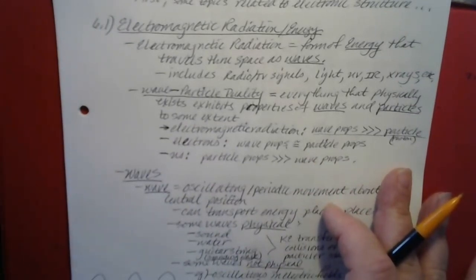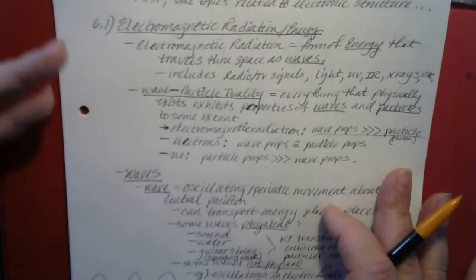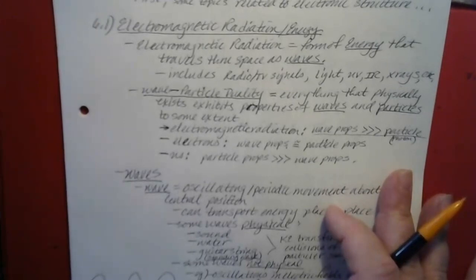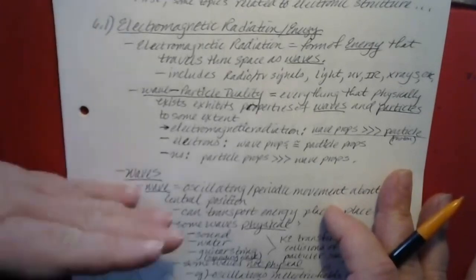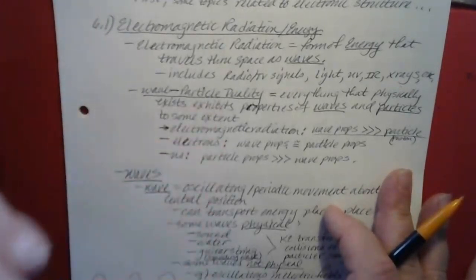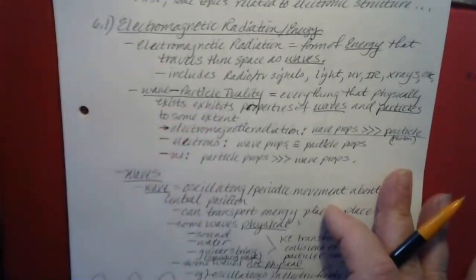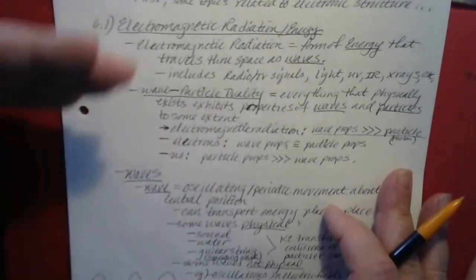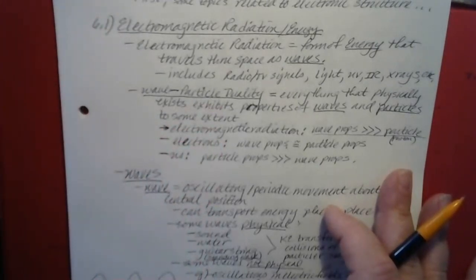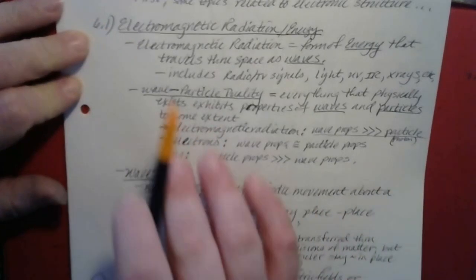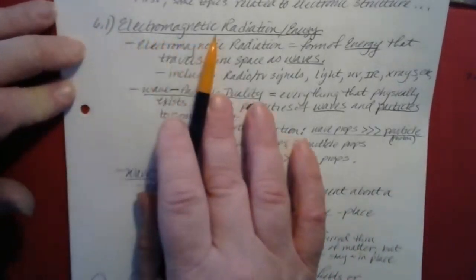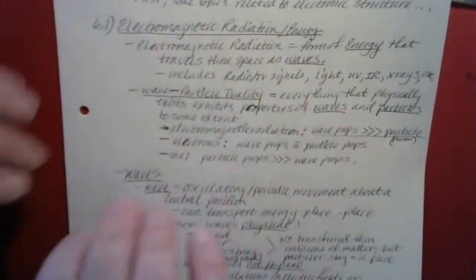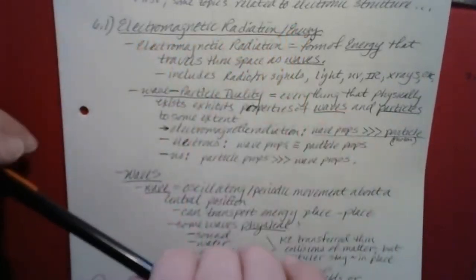This isn't something that just fell out of the sky on top of scientists' heads, like the apple on Newton's head, supposedly, but it was something that scientists led up to through a series of investigations over decades, each successive scientist refining the ideas of the scientists who came before. And so the first thing we have to get into is the idea of electromagnetic radiation, or electromagnetic energy, as the book likes to call it.